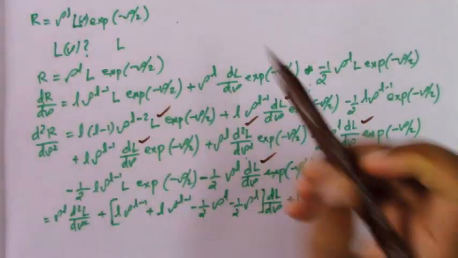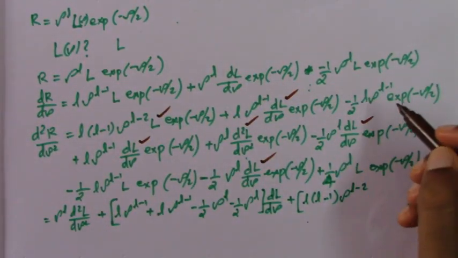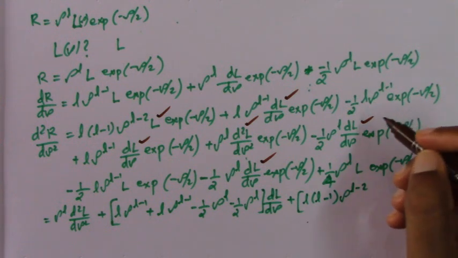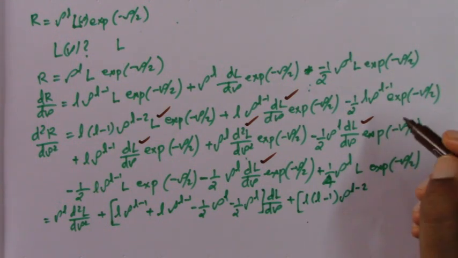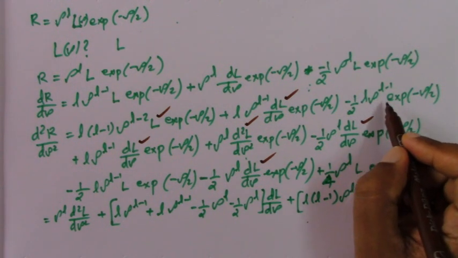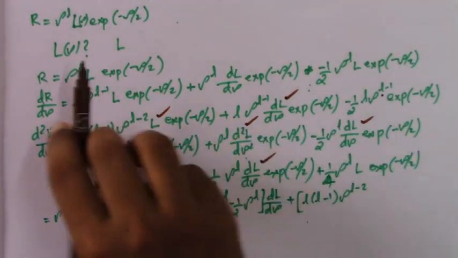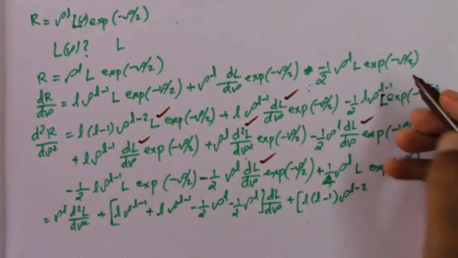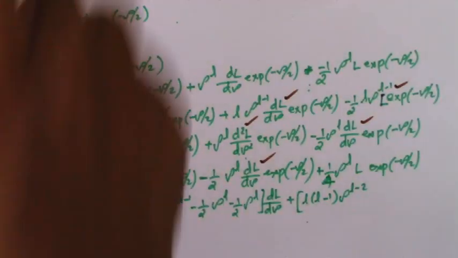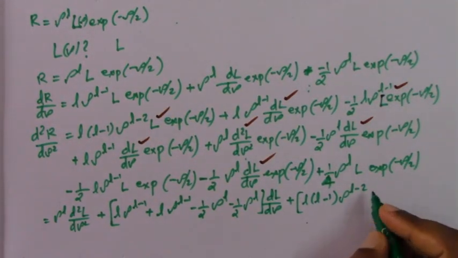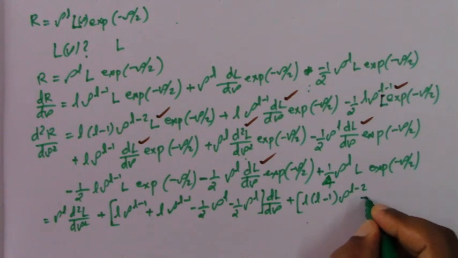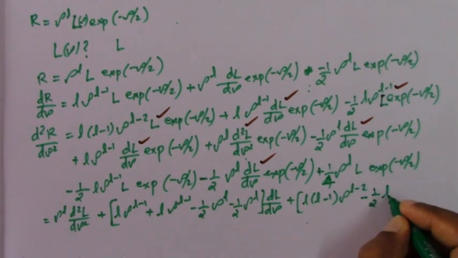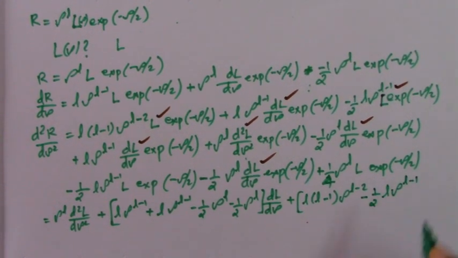Next L term is, where is the next L term? There was one L here, it was missed. Sorry for that. So this is the next L term, so let us put that one: minus half L rho raised to L minus 1.